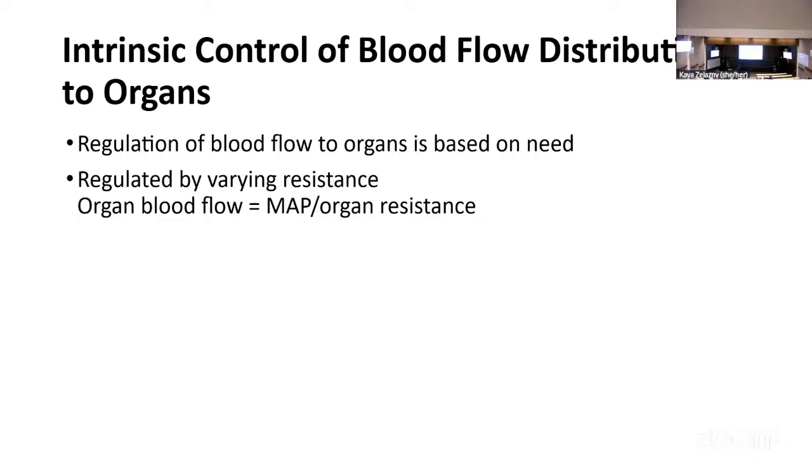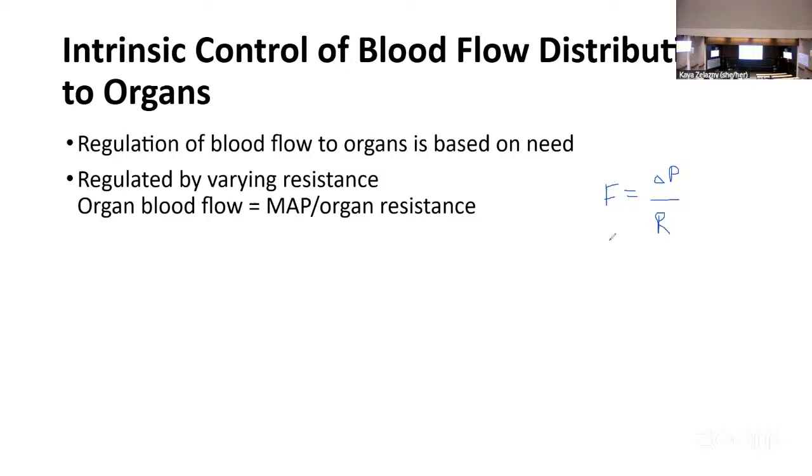Okay. So we can do this by regulating the blood flow to those specific organs, to the capillary beds in those organs. And if we were trying to calculate how much blood flow is going to any individual organ, right, we'd still be using that flow equals difference in pressure divided by resistance equation.